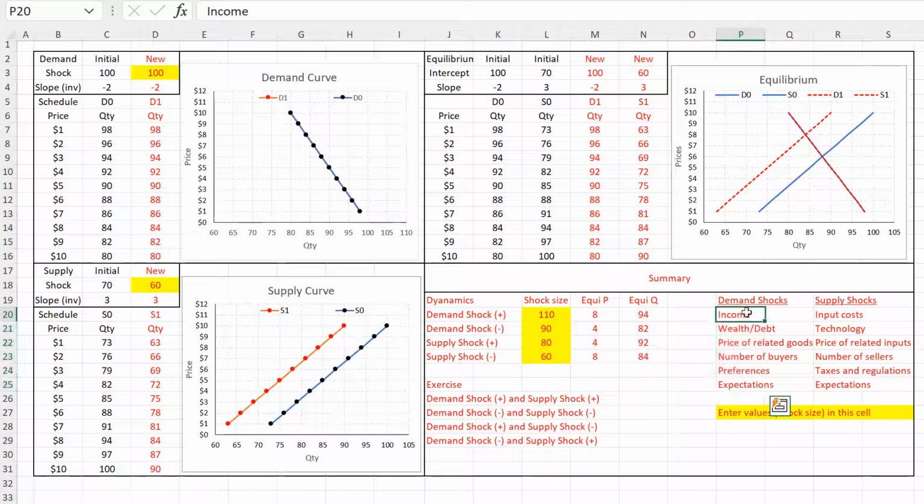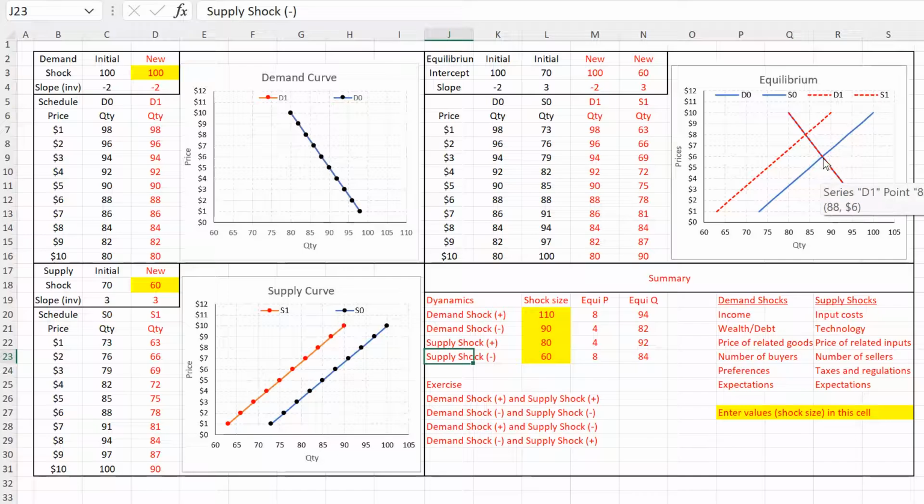So here, given there is no change to the demand factors, any shock to the supply which is negative for the sellers is going to lower the supply, and as a result the equilibrium price will go up from $6, which was initial, to $8, which is the new after the shock, after the supply curve has shifted to the left.